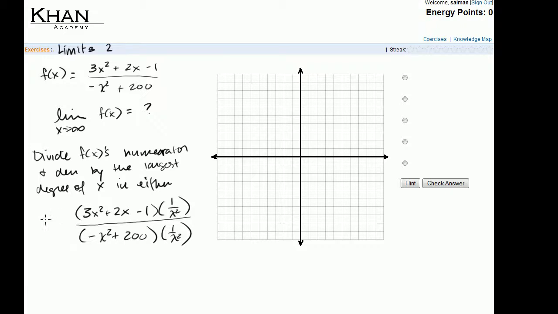And then we could write f of x is equal to 3 plus 2 over x minus 1 over x squared, all of that over negative 1 plus 200 over x squared. So this will be the first hint.